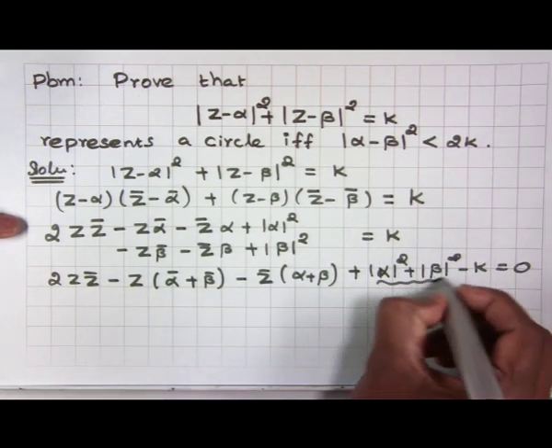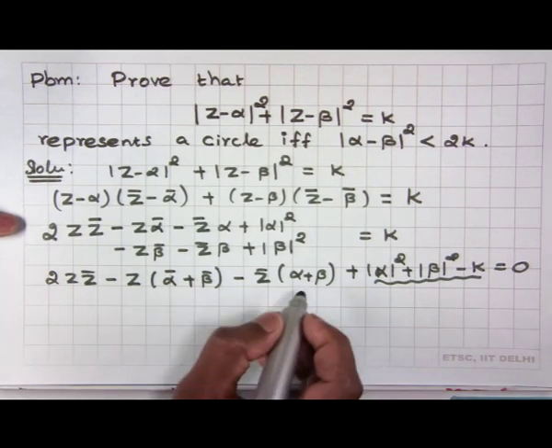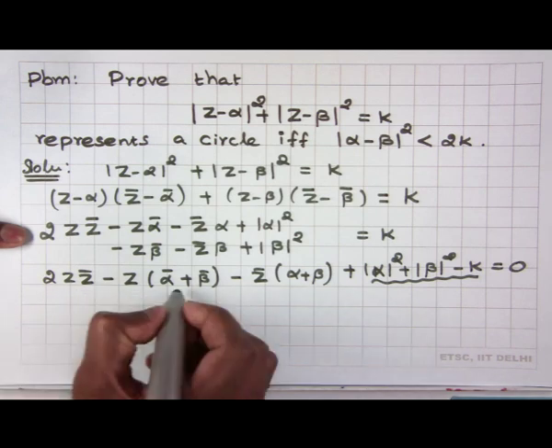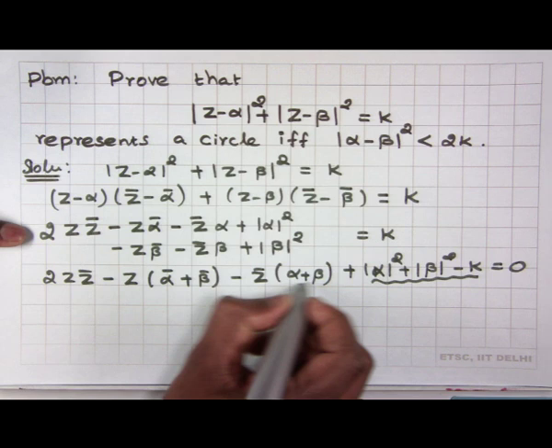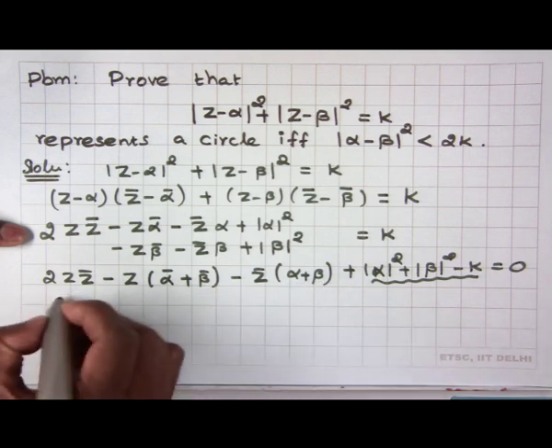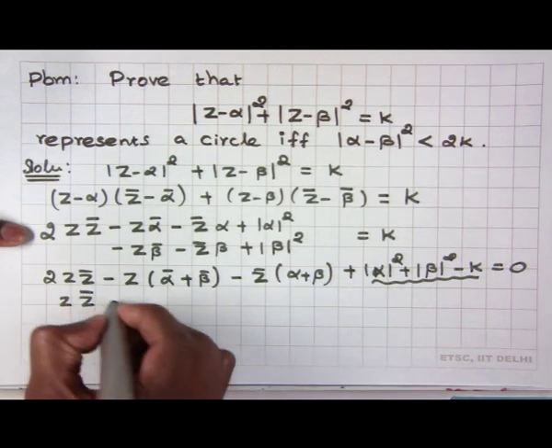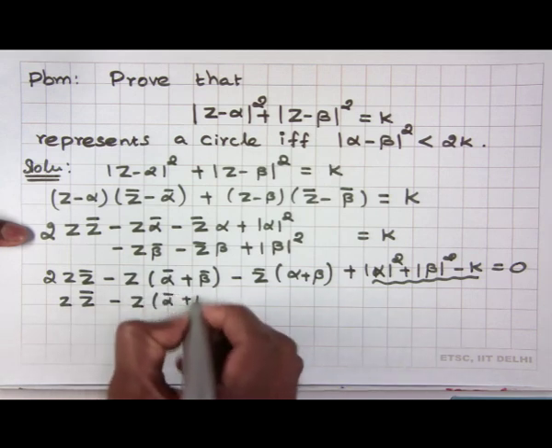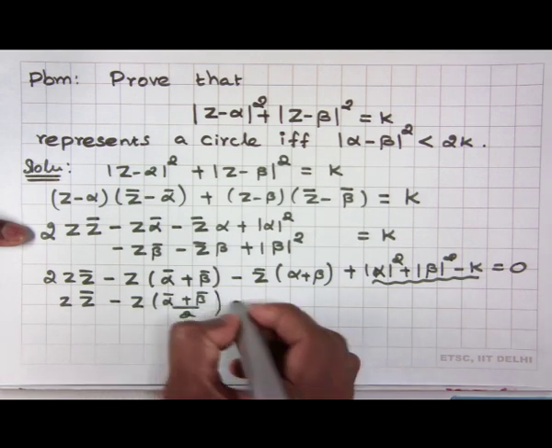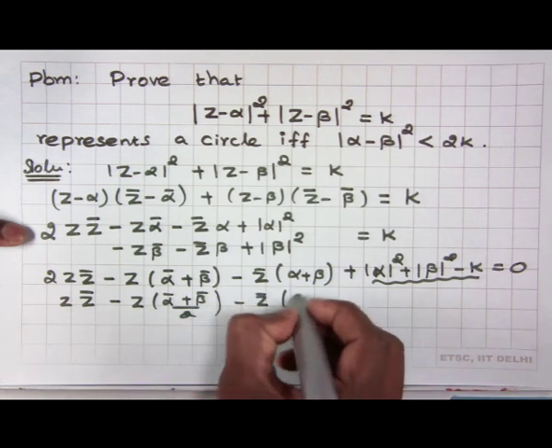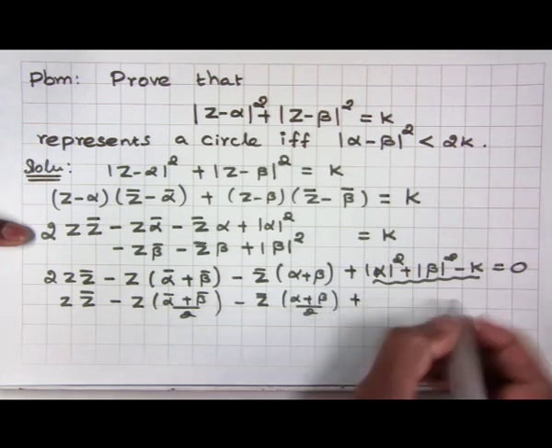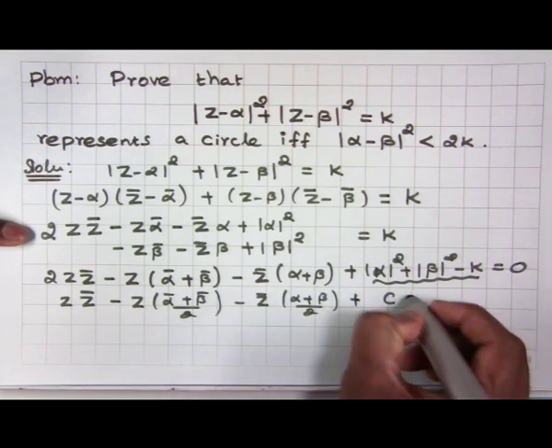This is our constant like c, which appeared in the previous one. Now, the center point is nothing but (α plus β) by 2. So, we see that z z̄ minus z (ᾱ plus β̄) by 2 minus z̄ (α plus β) by 2, and let us call the constant c.